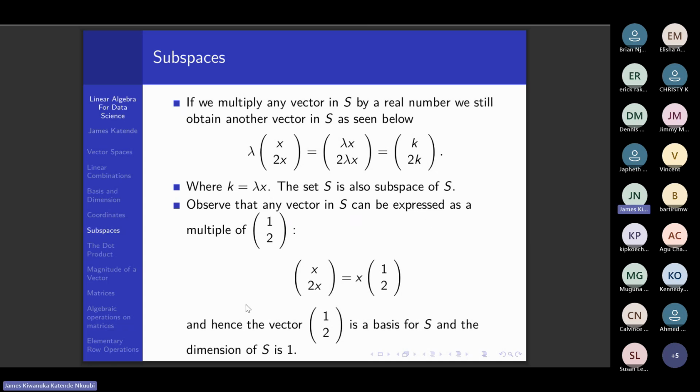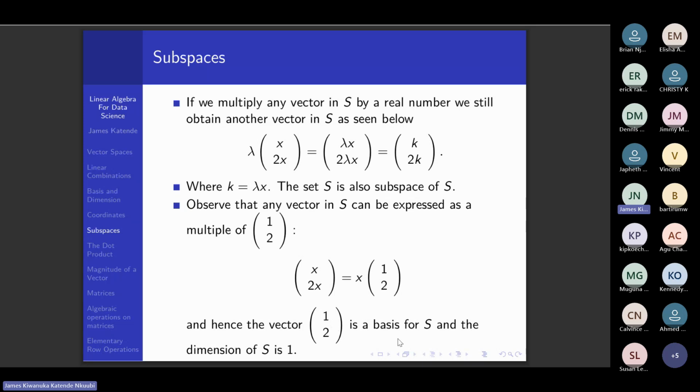On top of that, we observe that any vector in this set can be written as a multiple of (1, 2). (1, 2) is not the only vector you can use; you can also use any multiple of (1, 2) as a basis. This one vector spans the set S, and given that it's only one vector, by definition we say it's linearly independent.